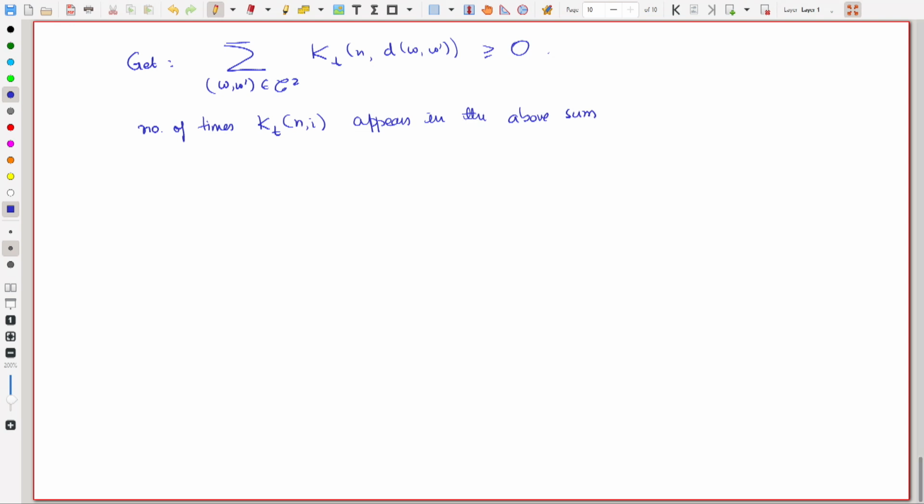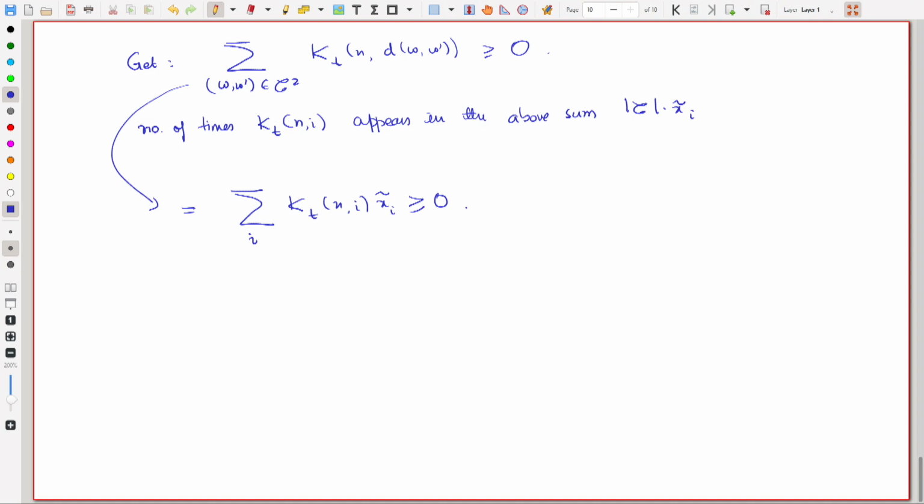We are looking at distance I, but x tilde I is the number of pairs with distance I divided by cardinality of C. So, it is just cardinality of C times x tilde I. So, what this becomes is sum over I k t n I x tilde I is greater than or equal to 0.